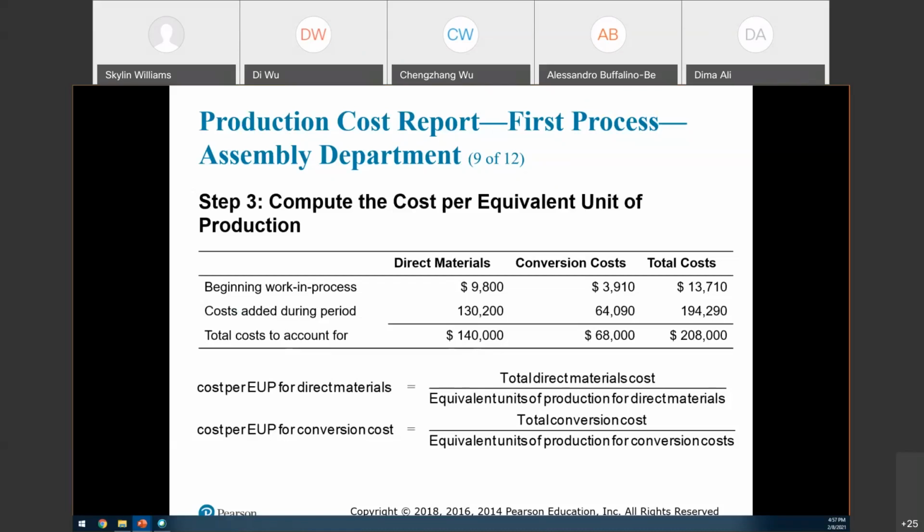So as we can see, the total cost for direct materials is 140,000, and for conversion cost, the total cost to account for is 68,000.